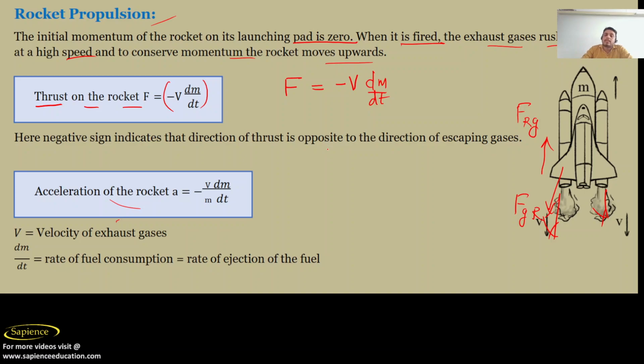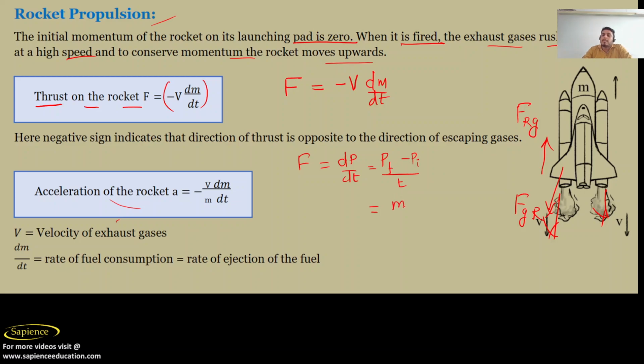As we know, force is equal to rate of change of momentum. But here velocity is constant. So we can write P final minus P initial divided by time t. But we know that mass is changing but velocity is constant.